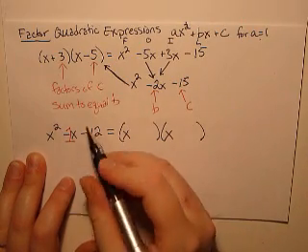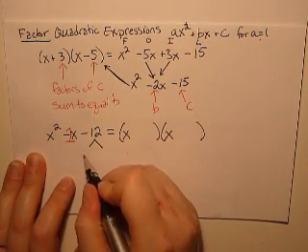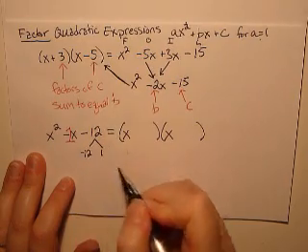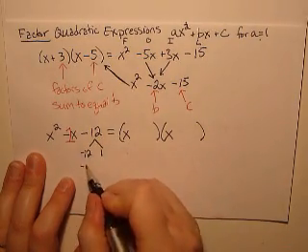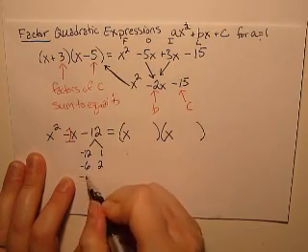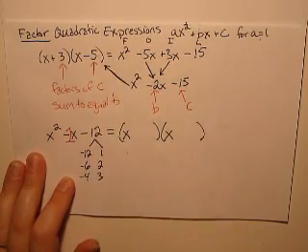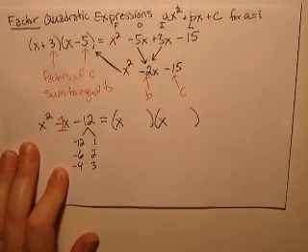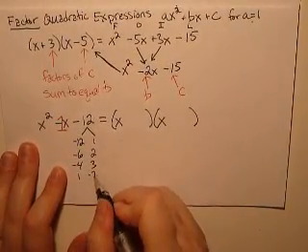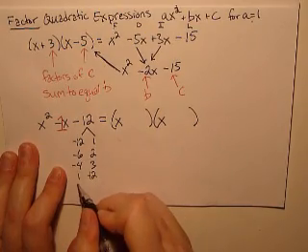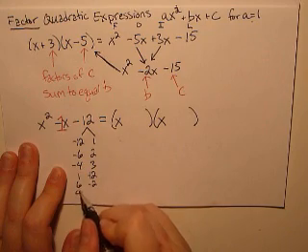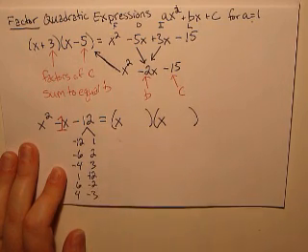Well, I can factor -12 into -12 and 1. I could do -6 and 2. I could do -4 and 3. I could also factor +1 and -12, +6 and -2, and +4 and -3.